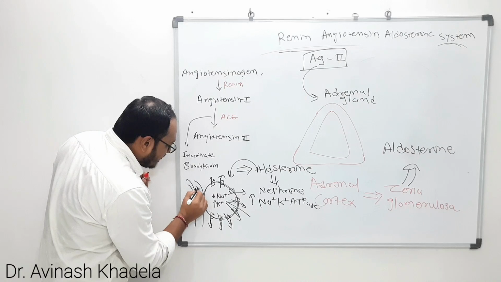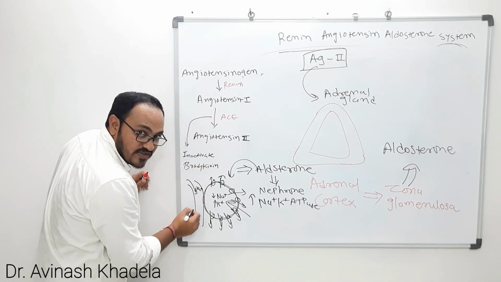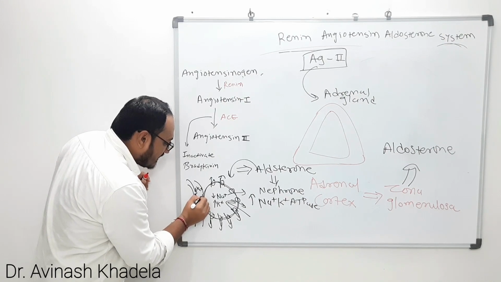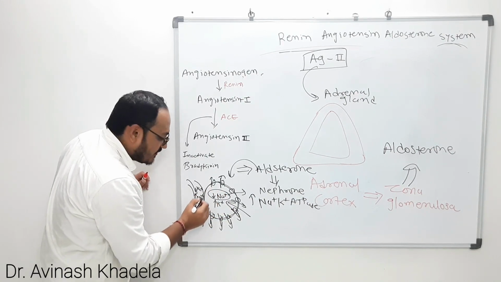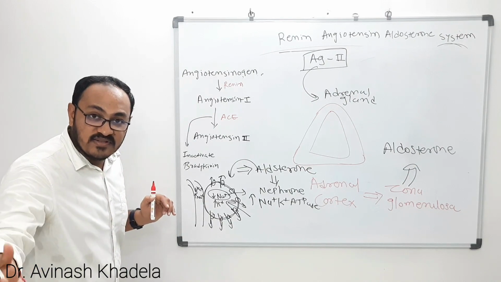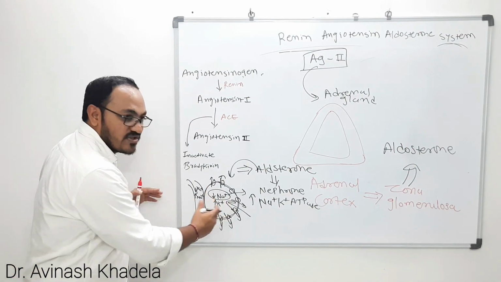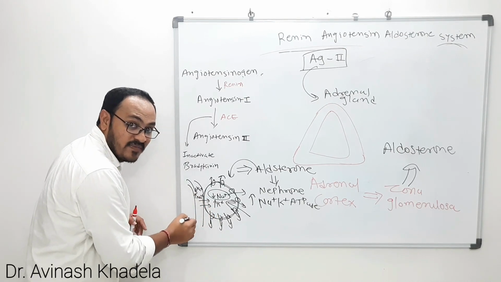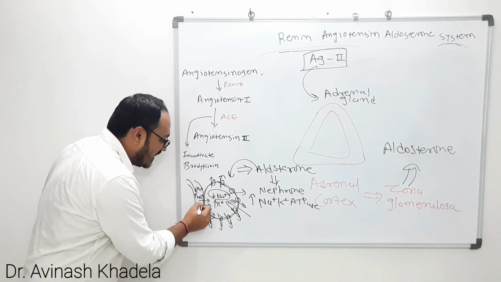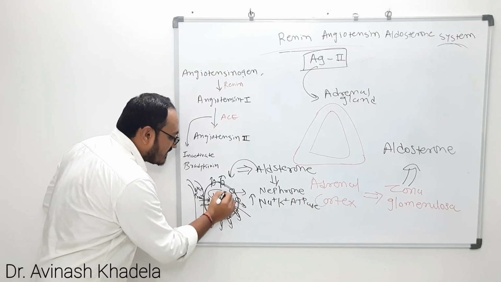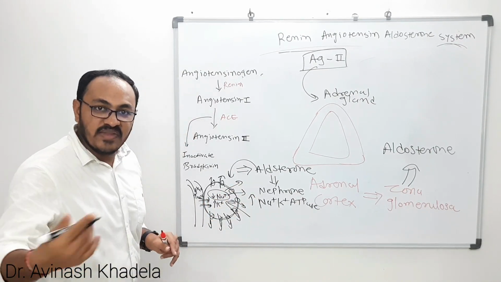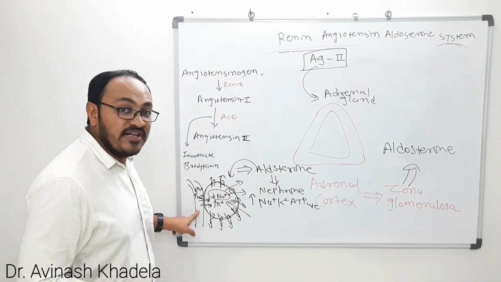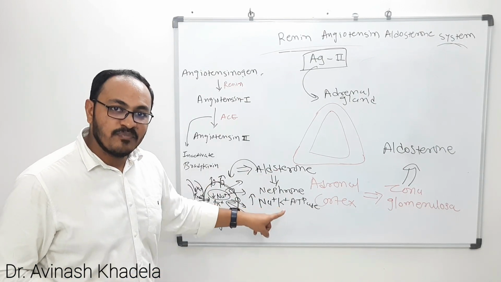Now when the sodium containing fluid passes through this region, the sodium concentration will be higher over here and lower over here. So as per the concentration gradient concept, solute moves from higher concentration to lower concentration. So the sodium will come back from the filtered urine into the cell, and from the cell back to the interstitium, that is nothing but blood. Thus aldosterone retains sodium in the blood.